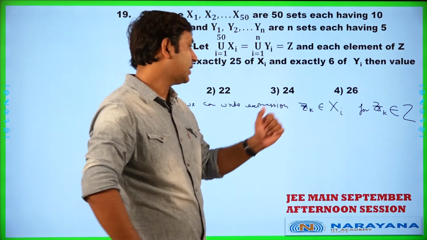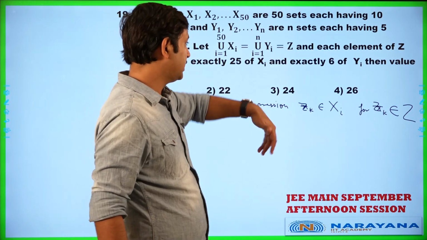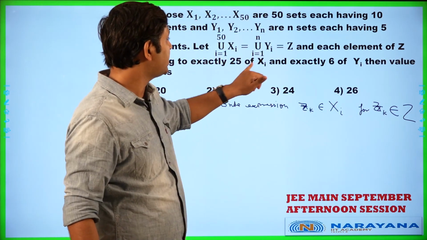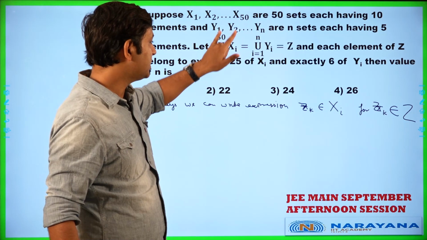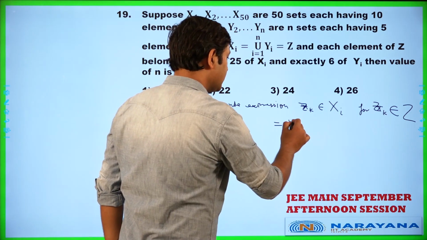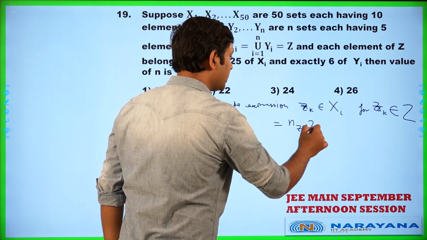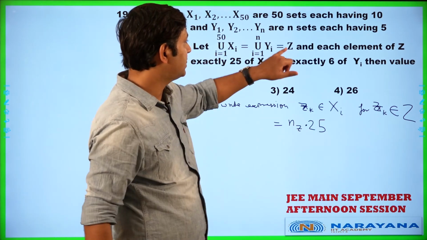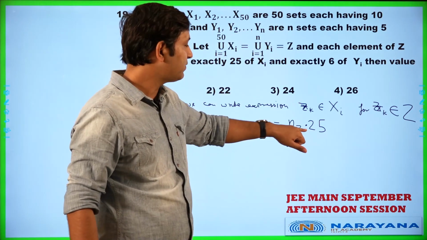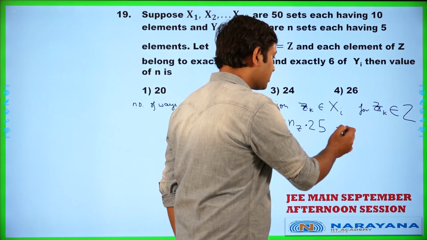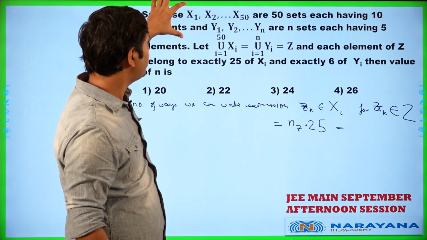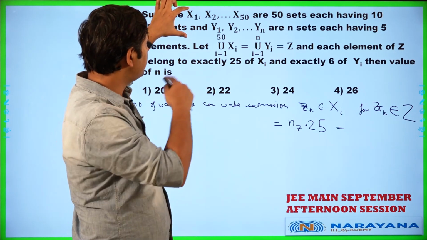Okay? Now we are counting that. Notice that if each element of Z belongs to exactly 25 of the Xi, and the number of elements in Z is nz, then this number must be equal to nz multiplied by 25, because for each element in Z we can write this expression 25 times. If we think from the side of the sets, for the first set, how many ways can we write that an element belongs to X1?